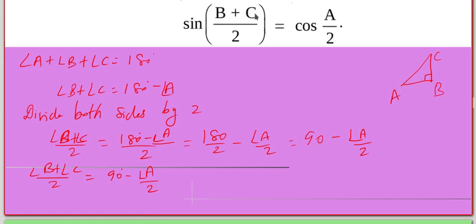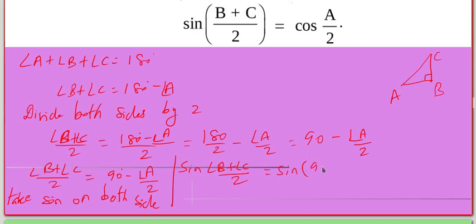Now we take the sine function on both sides. So sine of (B plus C) by 2 equals sine of (90 minus angle A by 2).